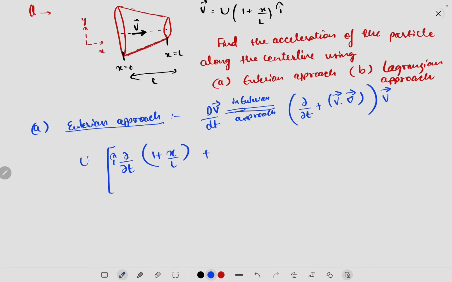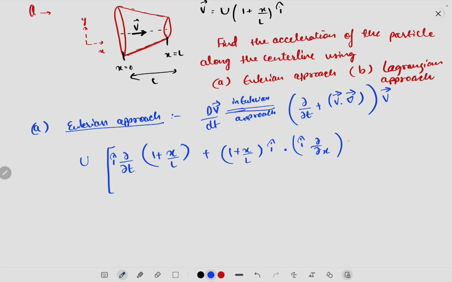Since we have taken u outside, V vector will be given as (1 plus x by l) i hat dot grad vector. Now grad vector has i hat, j hat and k hat, but the dot product of i hat will be non-zero only with the i hat term. So what is the i hat term? It is i hat del by del x. Okay, all right, and this is multiplied with V vector. The V vector we have already taken inside. Okay, only this part is now multiplied with V vector.